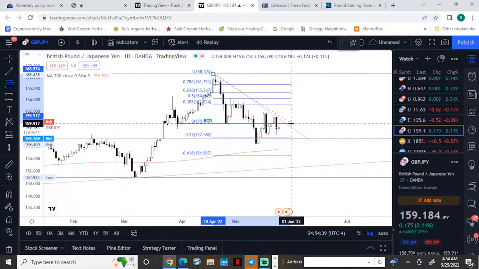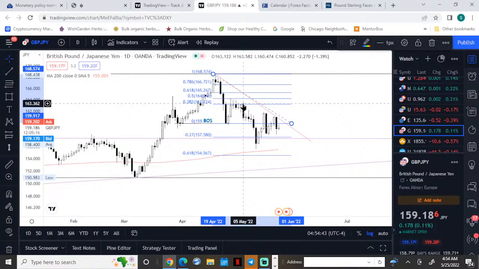Actually here. Point A, point B, point C came to the 382, came down to the 27, gave us TP1, pulled back to test structure. We got a double top.